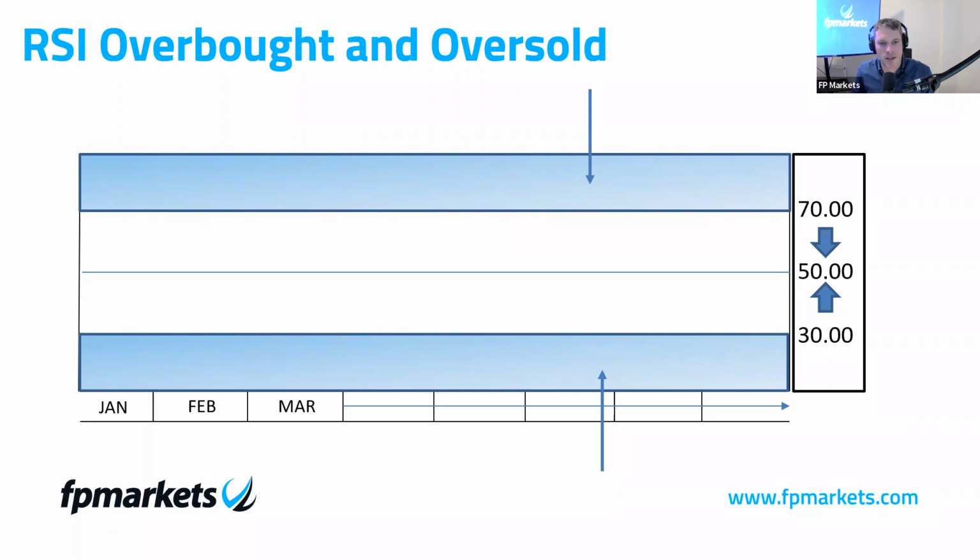That's all it really is. Upside momentum tends to level off within the overbought area. Likewise, downside momentum tends to level off within the oversold region.